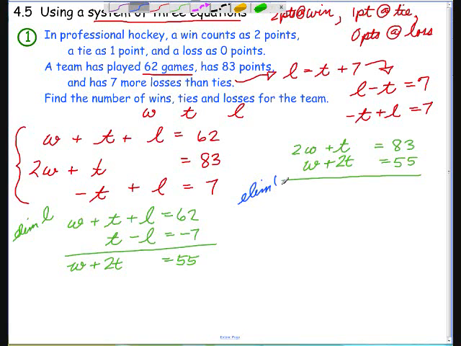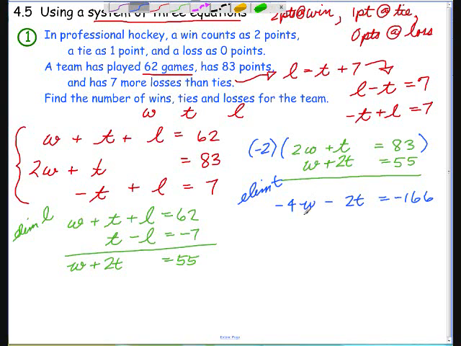Eliminate T. To do that, I'm going to multiply this one by a negative 2. That will give me negative 4W, negative 2T, that's what I want, equals, and multiply this by 2, negative 166, is that right? Yep, I think so.